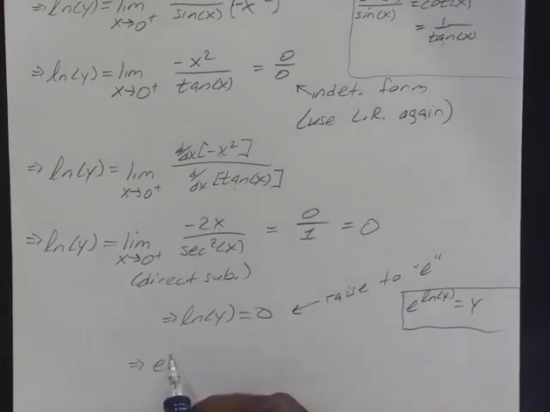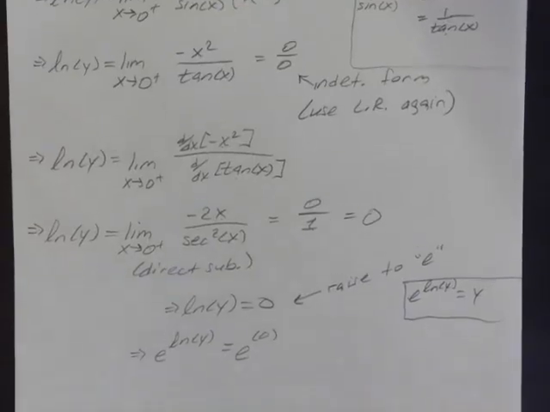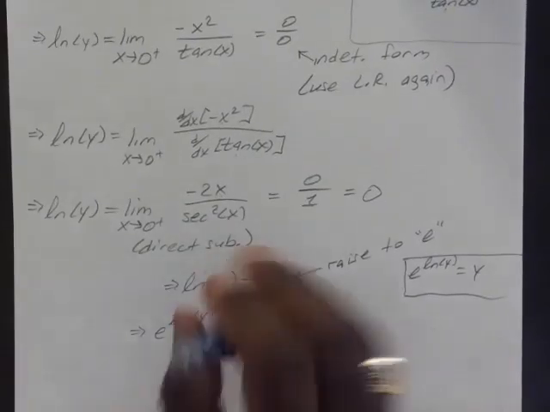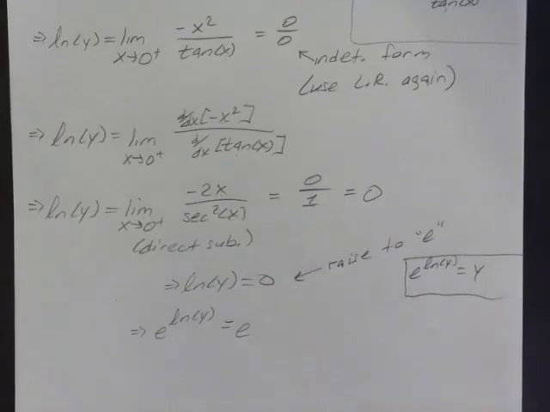So if we take e to the power of natural log of y, that's equal to e to the power of 0. I really didn't need the parentheses around that. So again, the e and the natural log cancel each other out, and we're left with just y is equal to e to the power of 0, which is just 1.